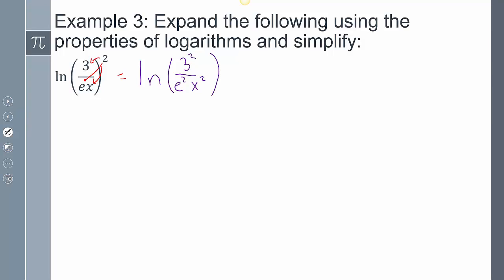And so now, breaking it apart, this is in the numerator, so it's positive. This is in the denominator, so it's going to be negative. There's 3 things, 3 squared, e squared, x squared, so there's going to be 3 logs. So I have ln of 3 squared. We said it's positive. These 2 are negative, so minus ln of e squared minus ln of x squared.